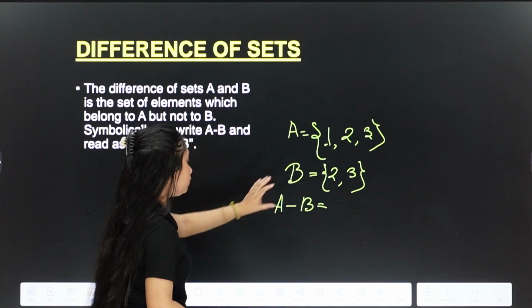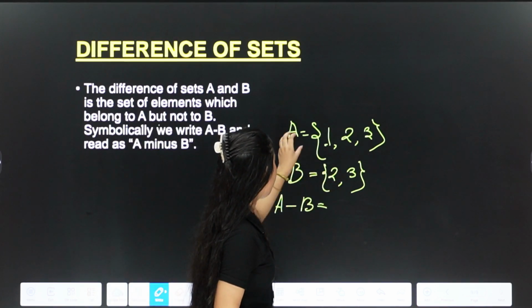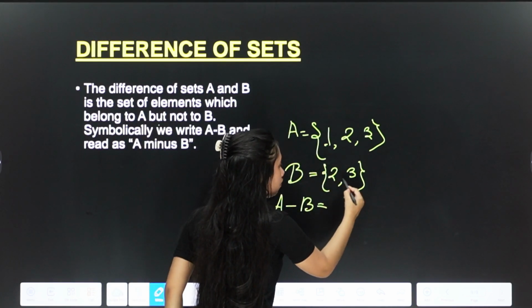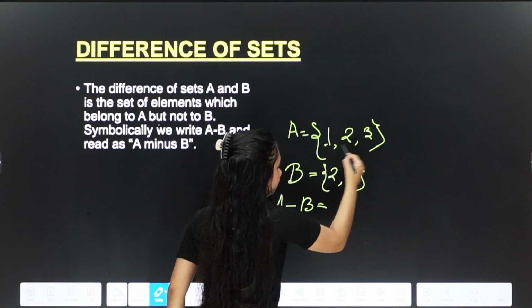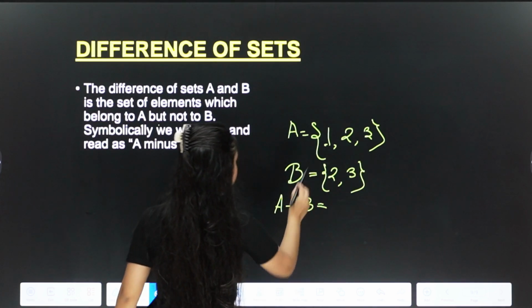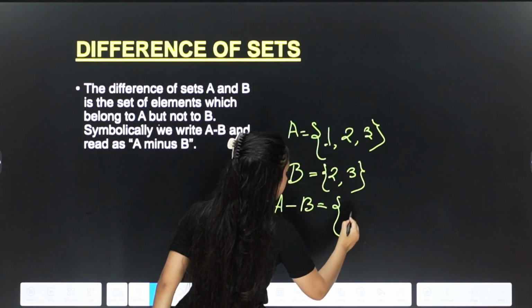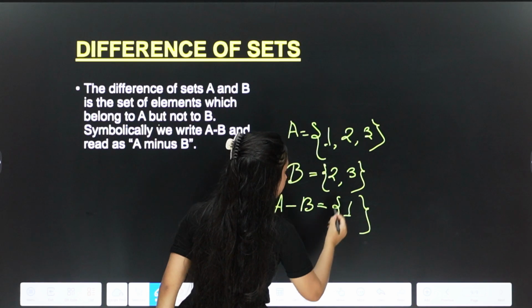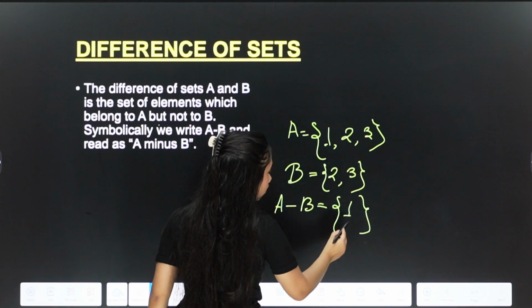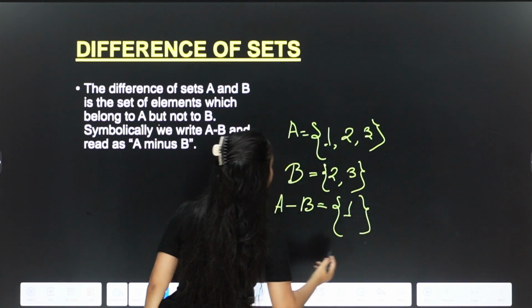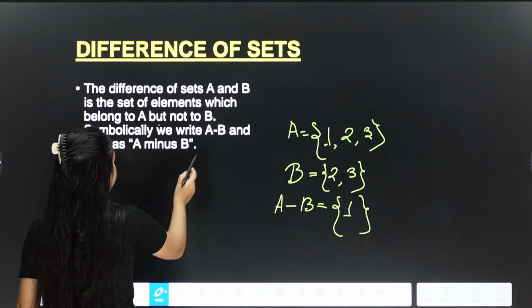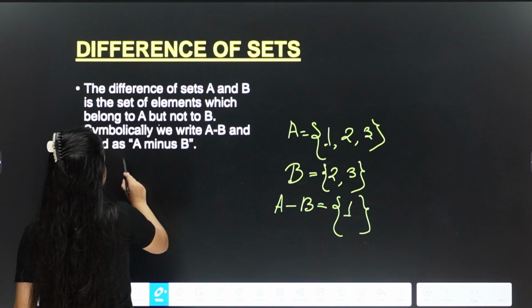We will just remove the elements of B from A. Since 2 and 3 are present in A, we will just remove the elements 2 and 3 from A, that is 1. Since 2 and 3 are removed, the remaining element will be 1. And we will write it as A minus B and read it as A minus B.